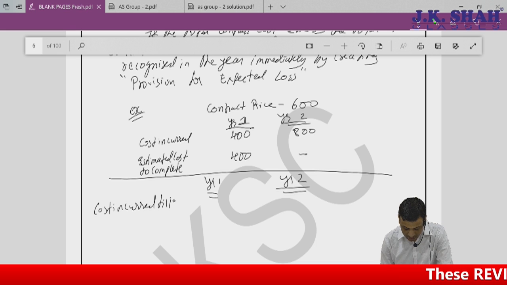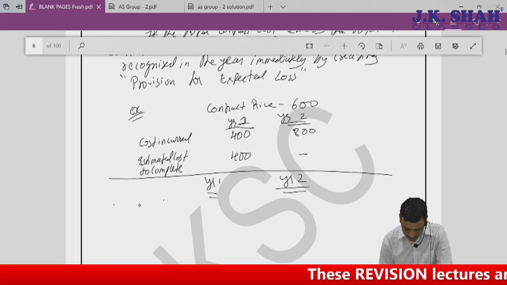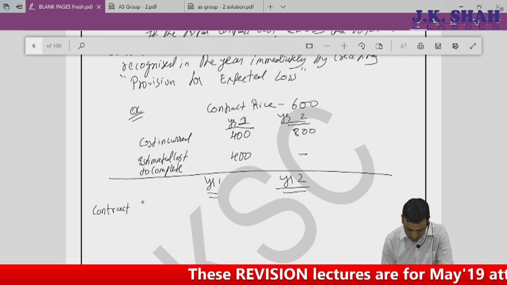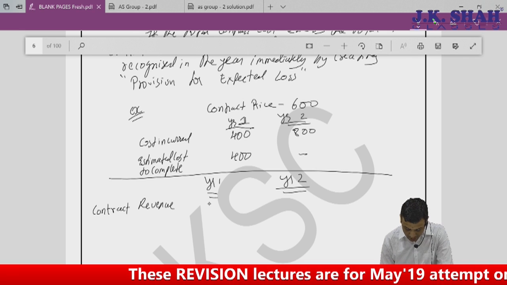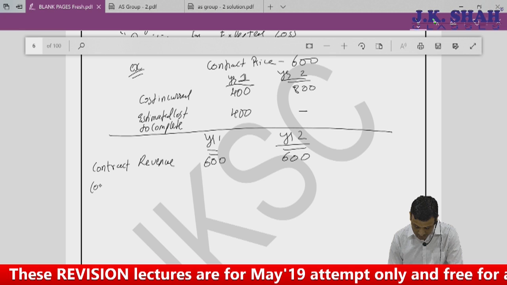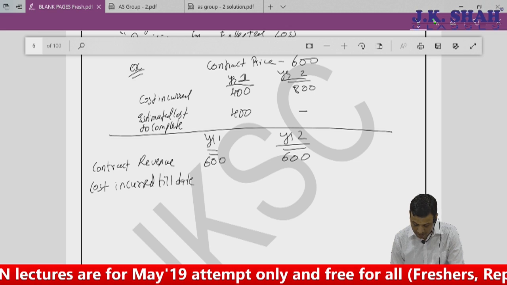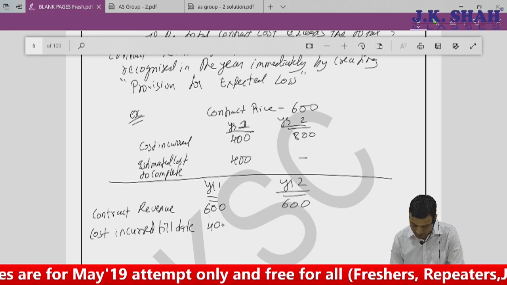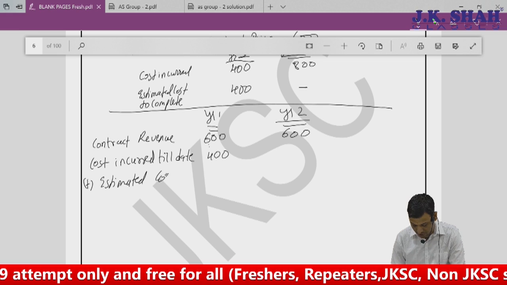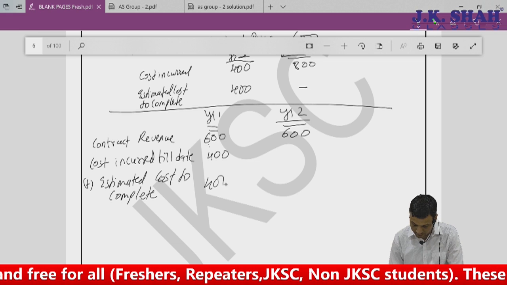Cost incurred till date. I'll just write down. Contract revenue 600. Cost incurred till date 400 plus estimated cost to complete 400.